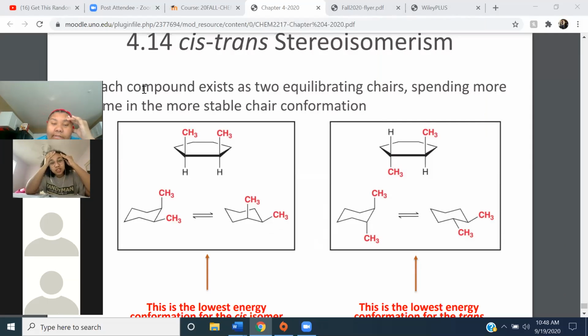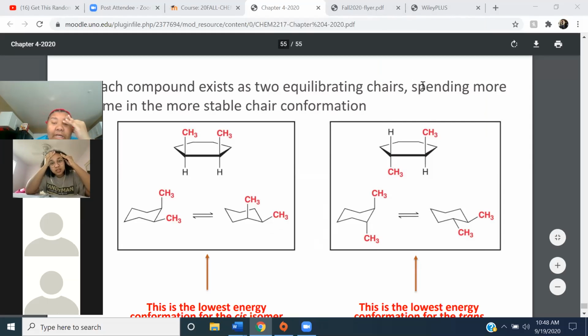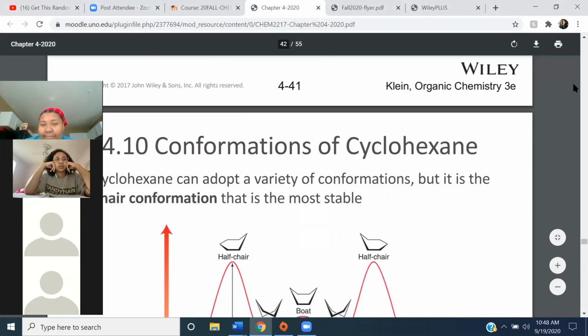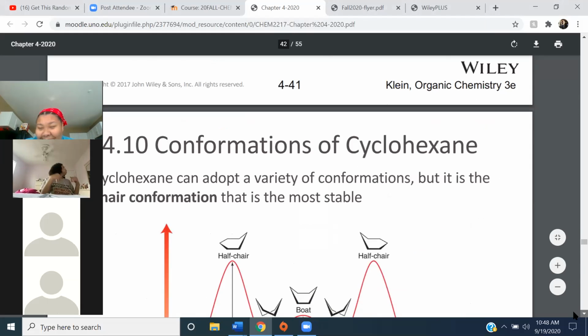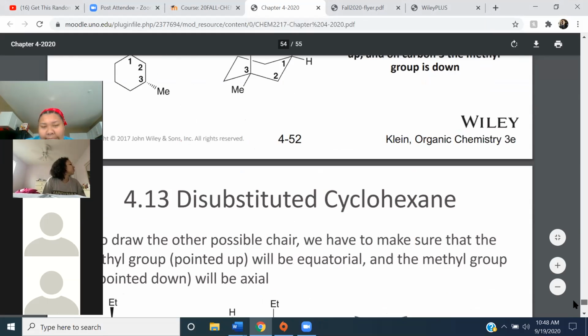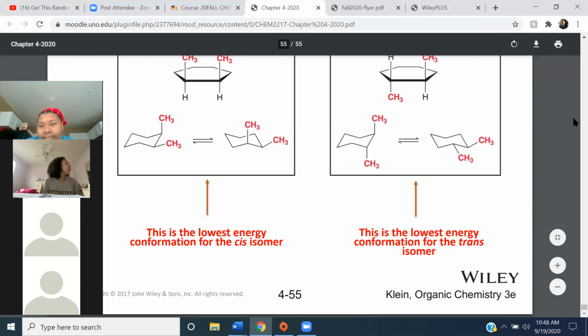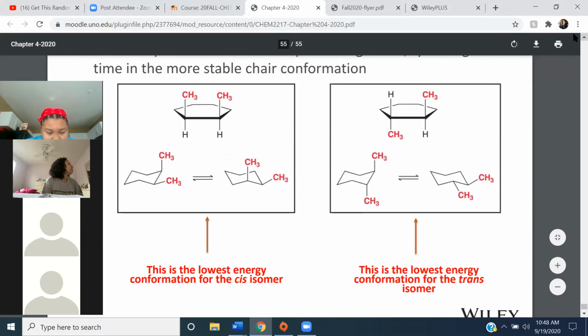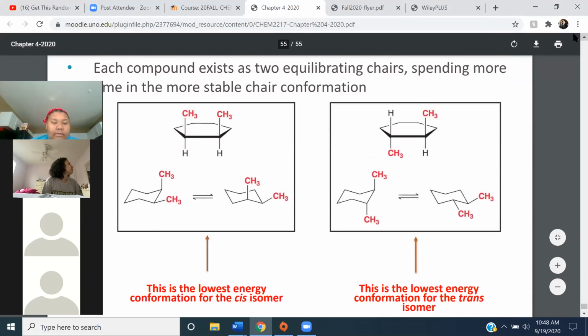Okay, each compound exists as two equilibrating chairs, spending more time in the more stable chair formation. Sorry, y'all. Let me go back. Okay. This is the lowest energy conformation for the cis isomer. This is the lowest energy conformation for the trans isomer.